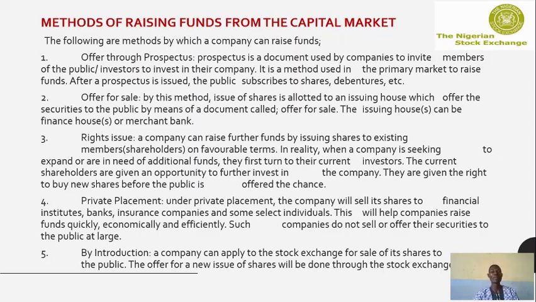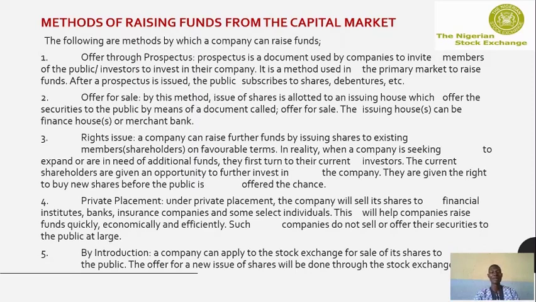Number 1, we have offer through prospectus. In our previous class, we defined prospectus, but we are also going to revisit that. Then number 2, offer for sale. Number 3, right issue. Number 4, private placement.